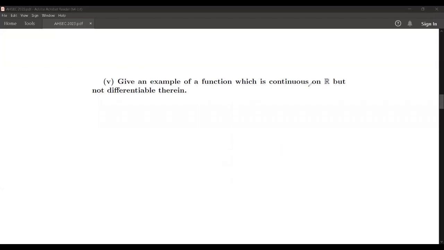Next, give an example of a function which is continuous on R but not differentiable therein. So the very easiest example is, just take f of x is equal to mod of x, where x is a real number. This is how the function mod of x looks. At the origin, at this point 0, your curve is having a sharp edge.